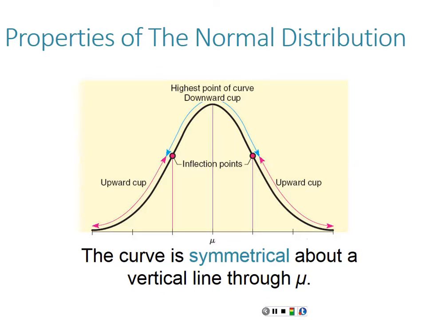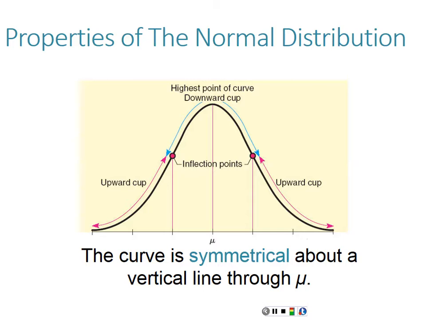The second property is that the curve is symmetrical about a vertical line through the mean, which means that if you took your notes and you took that picture of the normal curve that you have and you were to fold that curve exactly in half down through the middle, that middle line would go through.